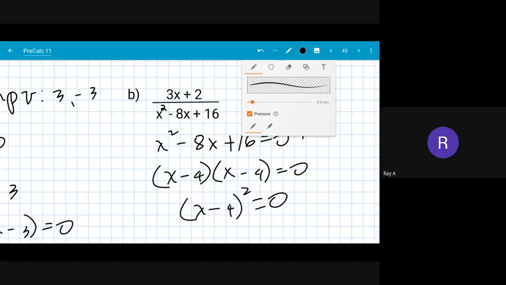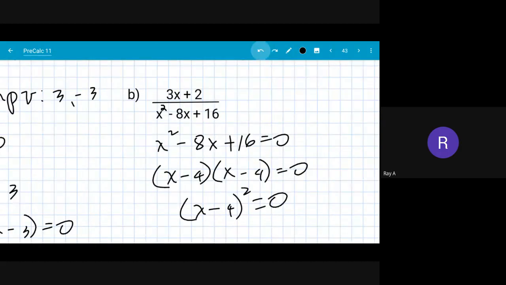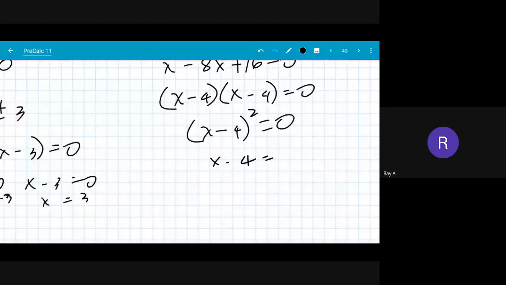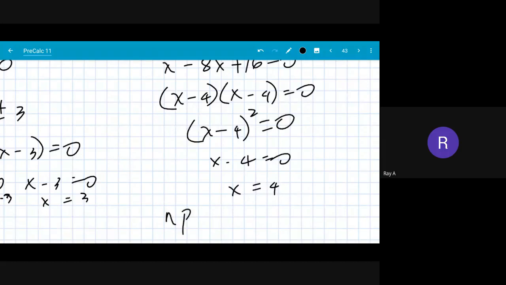Or x minus 4 is equal to 0, or x is equal to 4. Therefore, the non-permissible value is 4. Although in the book it says x equals 4. Well, I mean the same thing. What I'm saying is x cannot be equal to 4 because it will turn it into an undefined.